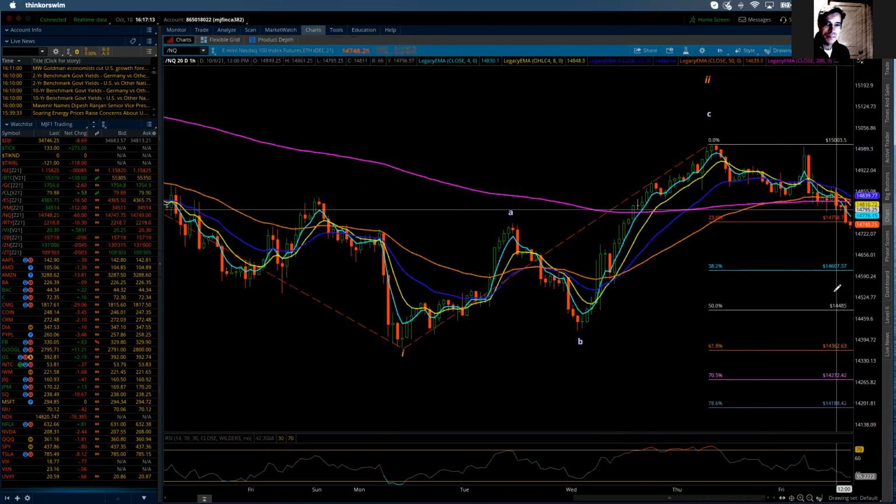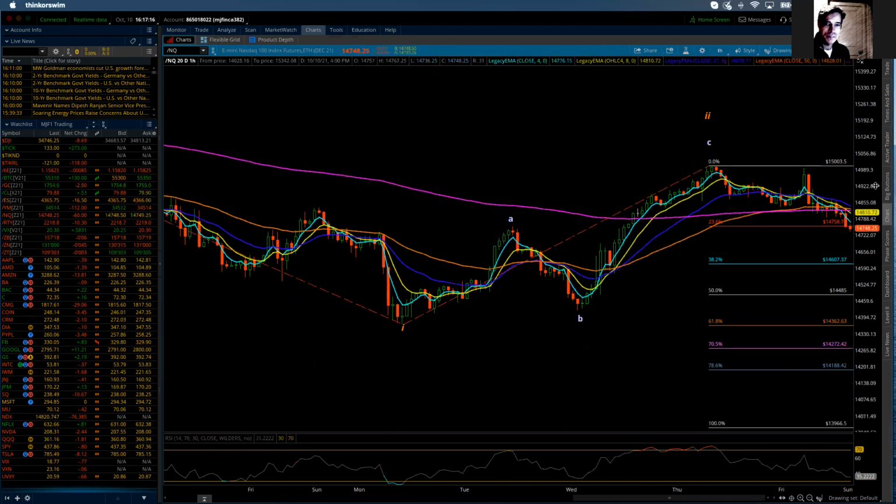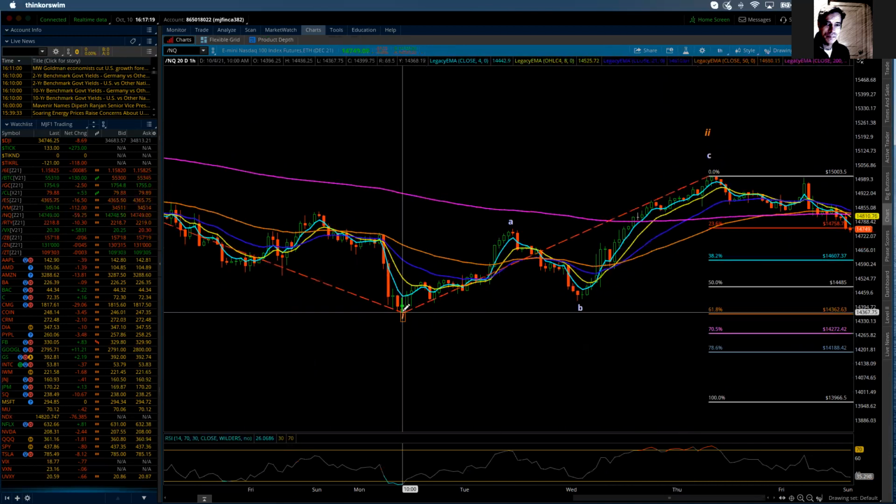Now back out to that hourly chart. I continue to look for things to break down. Now inside this minor third wave, I am looking for a break below 14,368. That's the low of minor wave 1. Minor wave 3 absolute minimum, if not additional, much more additional, has to break below 14,368 as a third wave.